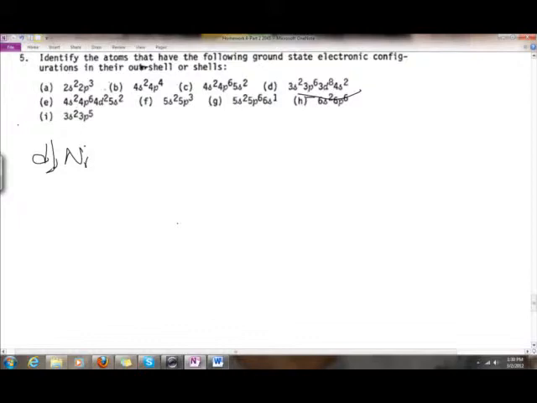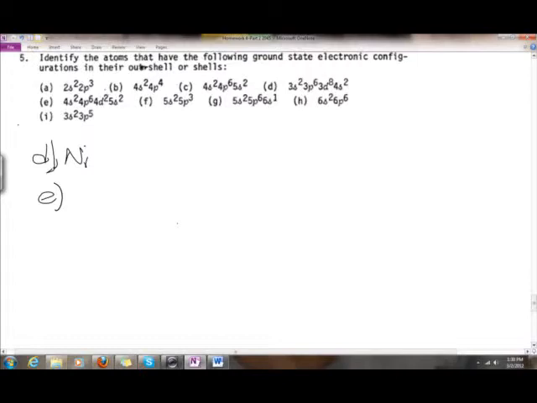How about the other ones? Let's do this one that is long too. A long one. It's going to be E. It's going to be 4s2, 4p6, 4d2. What happened here is that the 3d is before the 4s2, 4p6, so we ignore it.